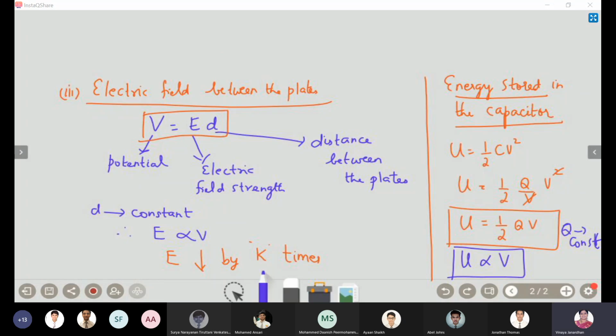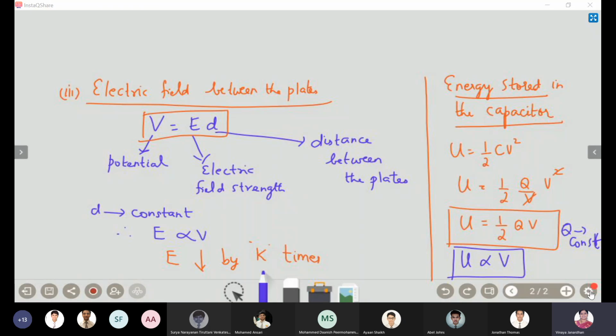So I'll put the next question in the chat box. Difficult for you people to learn? Yesterday I had put state and proof Gauss's theorem. It's very small.